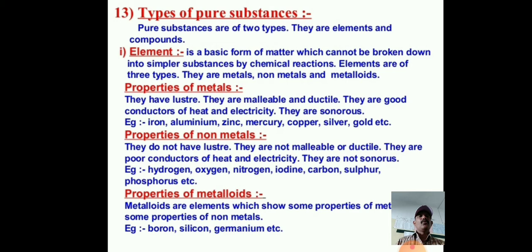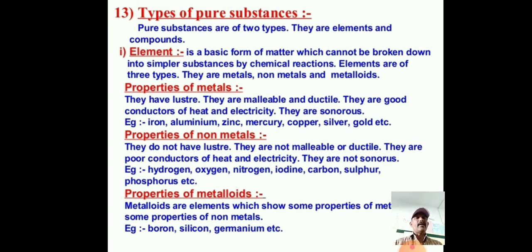These are good conductors of heat and are made up of metals only, and they are sonorous. Sonorous means making sounds. Okay. Examples of metals are iron Fe, aluminum Al, zinc Zn, mercury Hg, copper Cu, silver Ag, gold Au, etc.